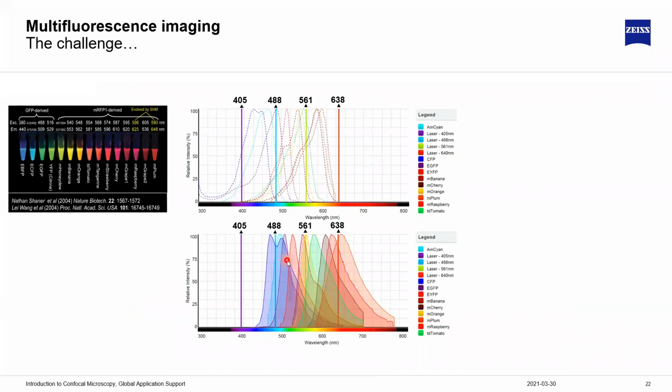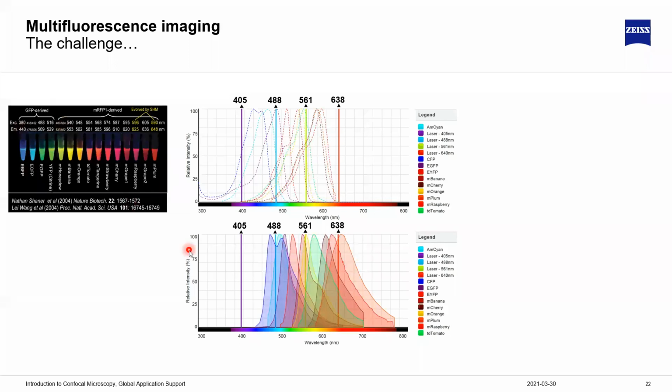In more cases than not, you will actually have more than one fluorophore in your sample, so you will have to use several lasers. In extreme cases, I think people were able to image 10 or more fluorophores at the same time. The challenge of this multi-fluorescence imaging is, as we saw previously, the crosstalk that you get.